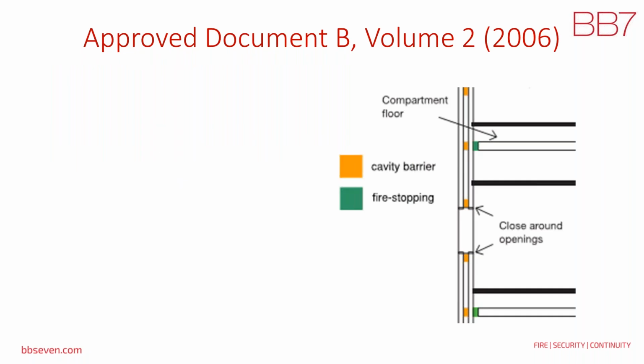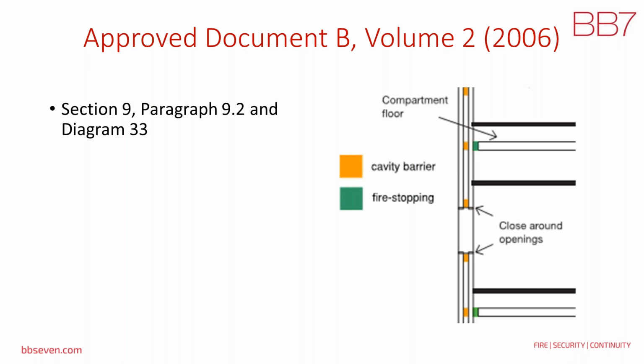So let's look at the guidance that we've got for a number of documents, and we're going to concentrate on one today, which is Approved Document B, Volume 2. I'm also going to mention BR 135 along the way. So you'll notice on the right-hand side of the slide here that we've got a diagram.